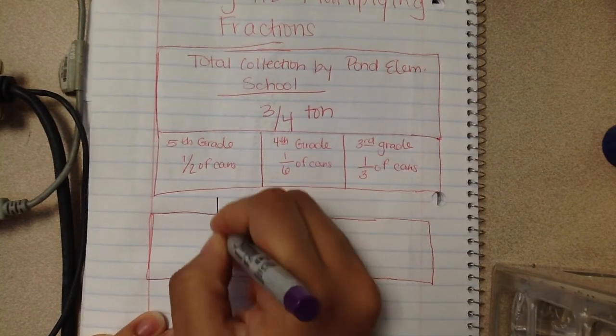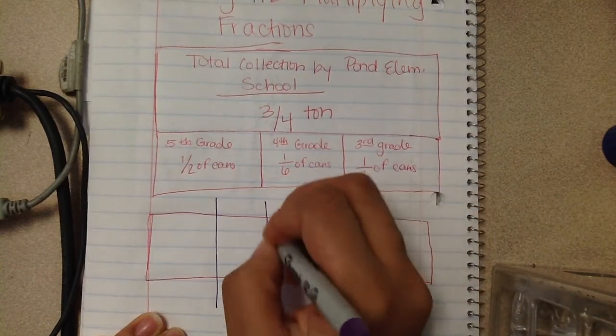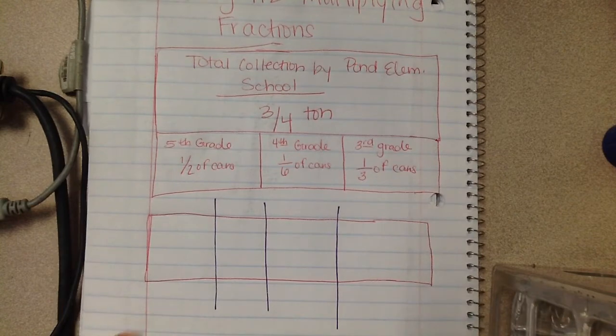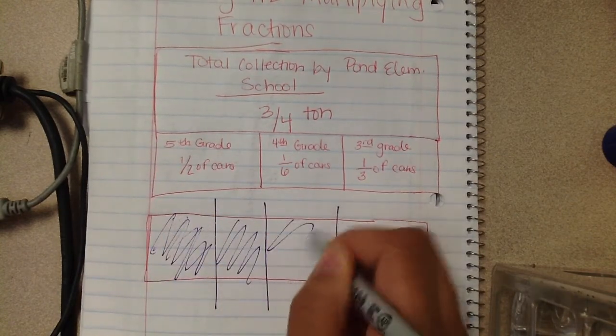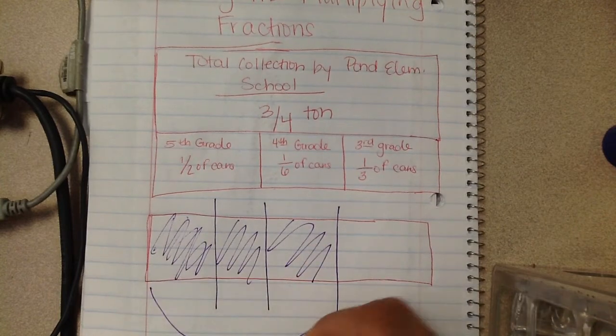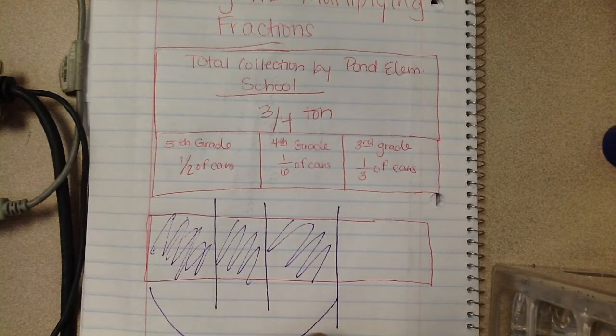So I'm going to make 4 sections here. And I'm going to color in 1, 2, 3. That represents the 3/4 tons that the school collected.